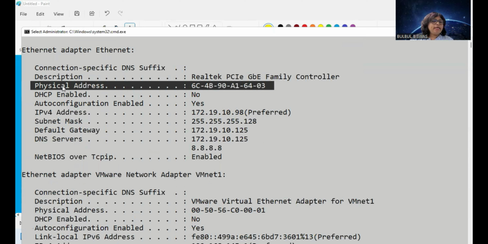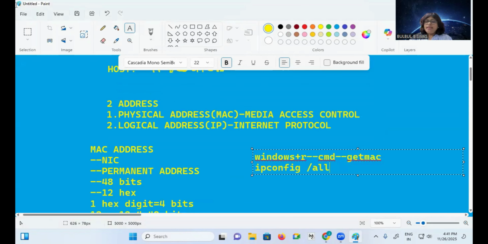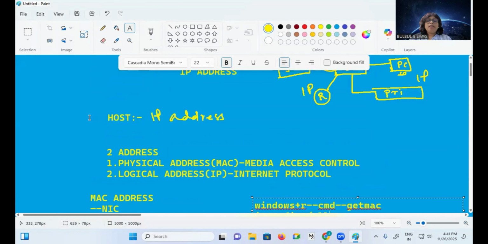It is very clear, it is written physical address and this is 12 hexadecimal digits. So we can use these two commands: one is getmac and another is ipconfig /all. This MAC address gives the physical identity of the device in a network. So everyone, you understood? This is the first address of a host, called the physical address. We call it a MAC address.